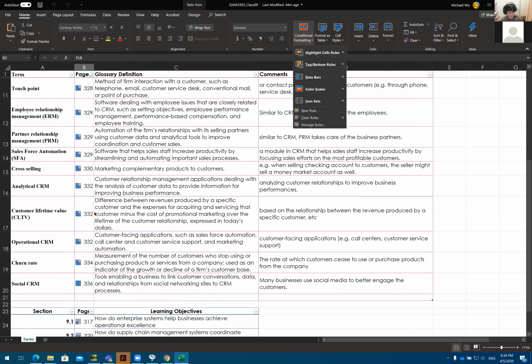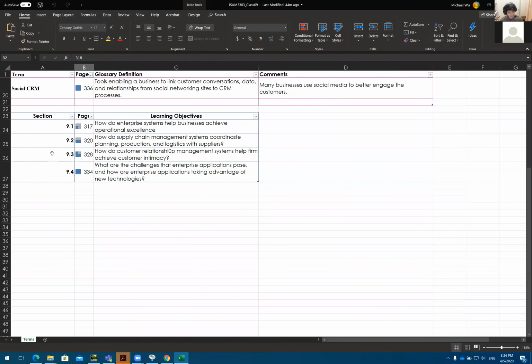You can check that as well. Section 9.1, 2, 3, and 4. These are the section numbers. These are the questions corresponding to pages 317, 320, 328, and 334. You can print this out if you want to.